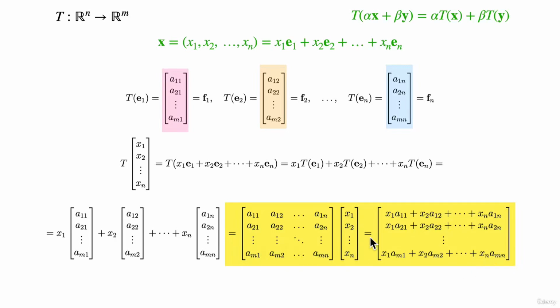And it is exactly the same result as we would get if we computed this linear combination. In the first place it would be x1 times a11 plus x2 times a12 plus, and so on, xn times a1n. It's exactly this number. So we define matrix vector multiplication in this way.